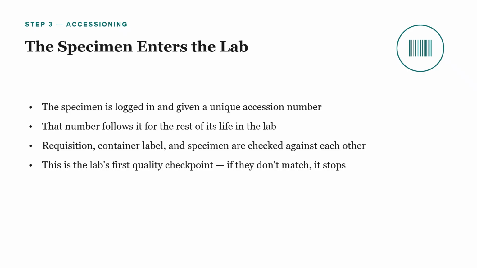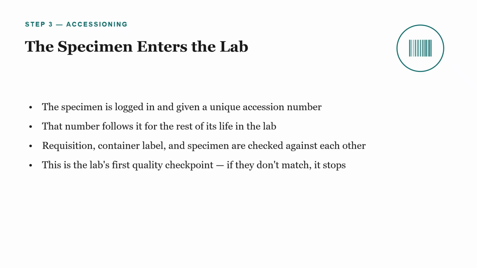Accessioning is also the lab's first real quality checkpoint. At this step, 3 things get checked against one another: the requisition, the label on the container, and the specimen itself. If those 3 don't agree, if the requisition says one thing and the label says another, or the specimen doesn't match what the paperwork claims, the process stops until it's resolved.